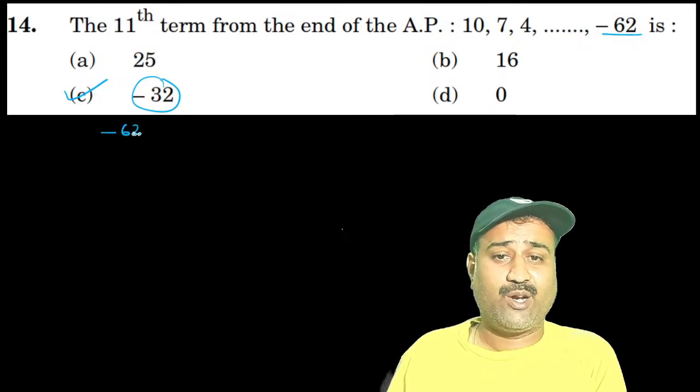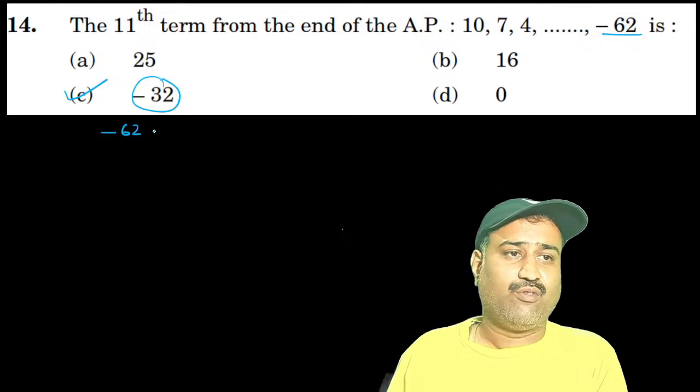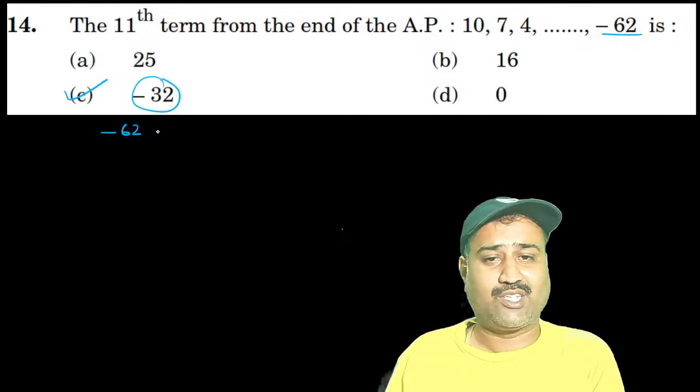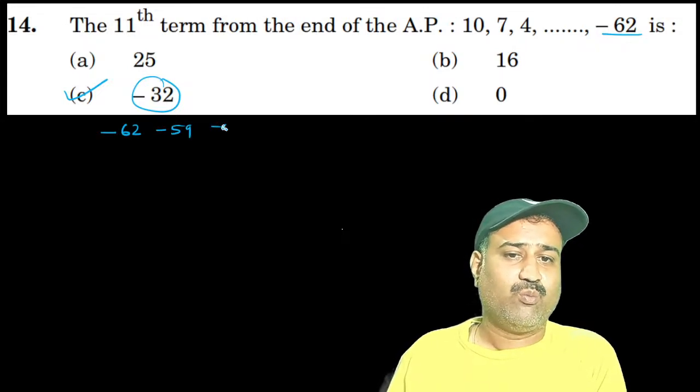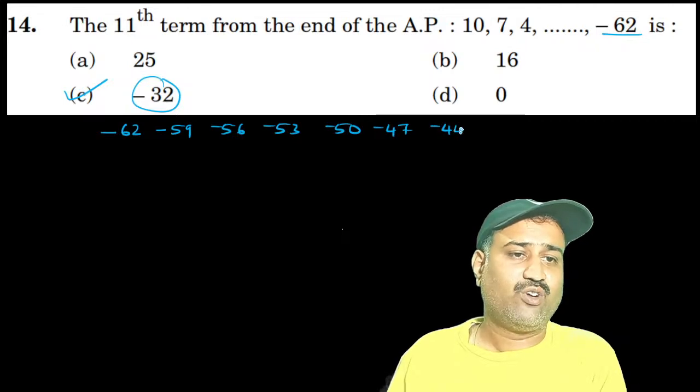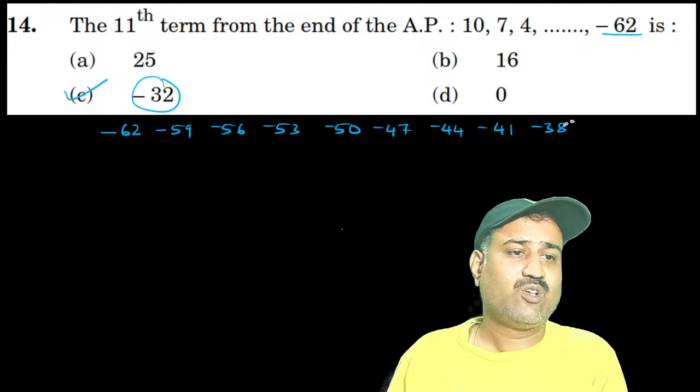Sir, I don't want to take risk in the exam. The first term is minus 62 from last, right? The next term is minus 59, minus 56, minus 53, minus 50, minus 47, minus 44, minus 41, minus 38, minus 35, minus 32.